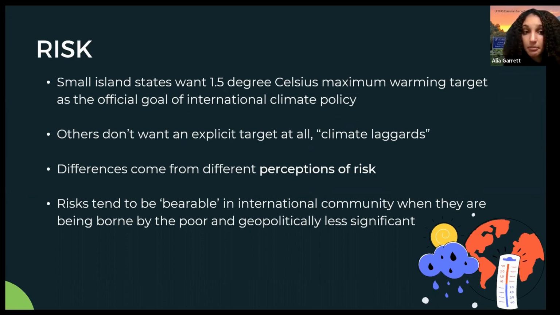So risk tends to be bearable in the international community when it is borne by the poor and geopolitically less significant. So as I mentioned before on the inequity slide, the poor countries and poor people are the least responsible, but currently having the worst impacts of it. So that's why it still seems bearable in other countries and why they lag behind in forming climate policy.